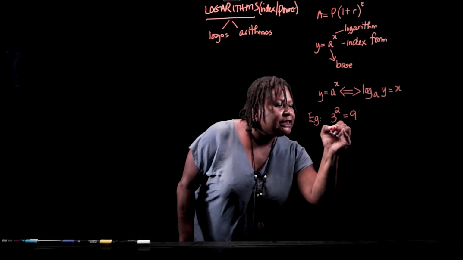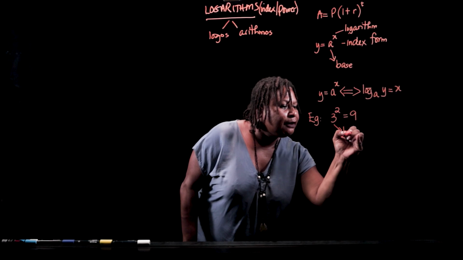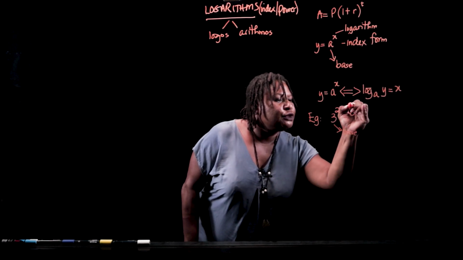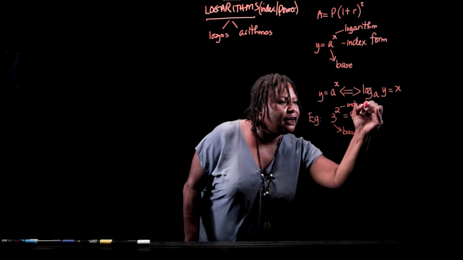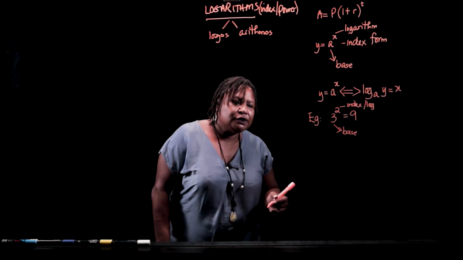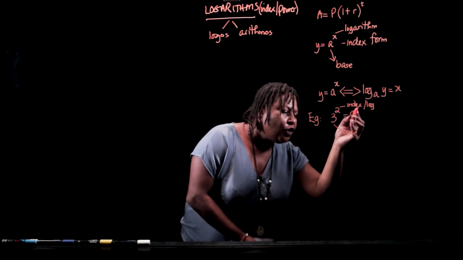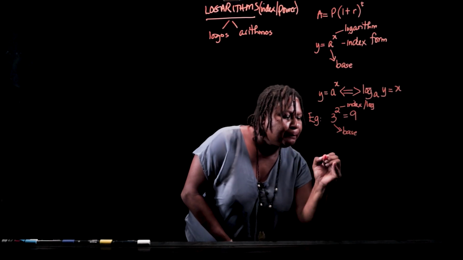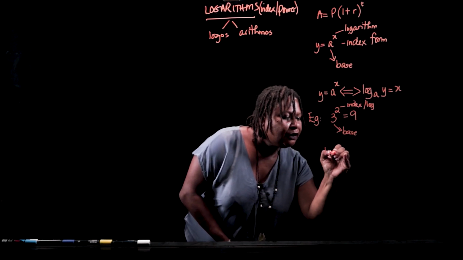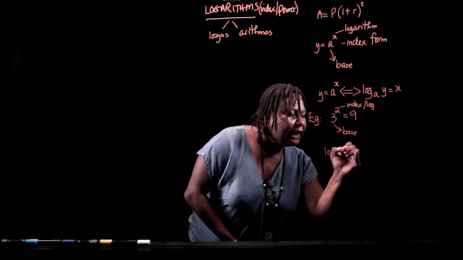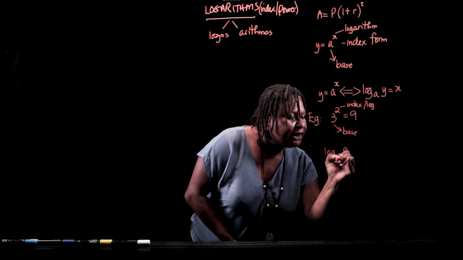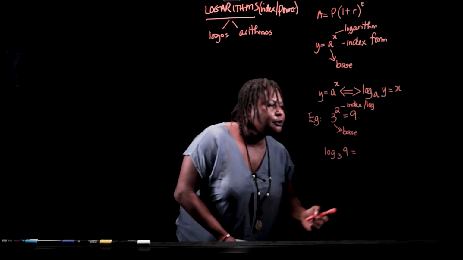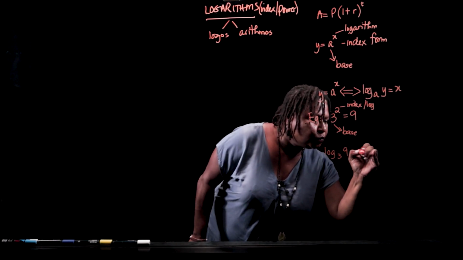We know that 3 is the base. 2 is the index or the log. So let's see. Log of the number here. Log of 9 to base 3 is equal to 2.